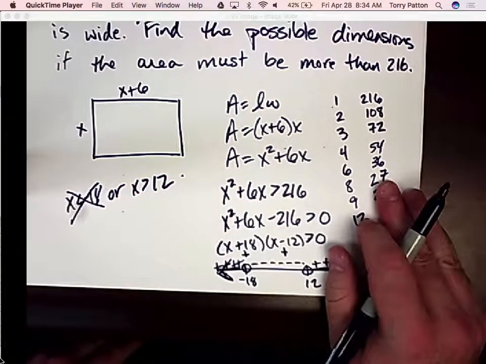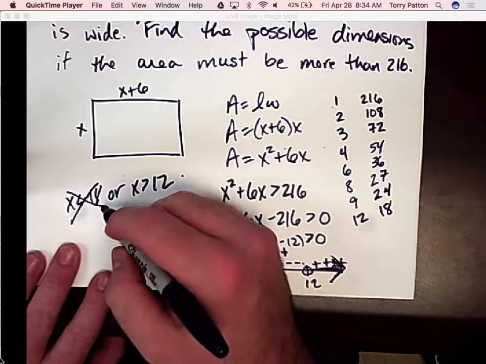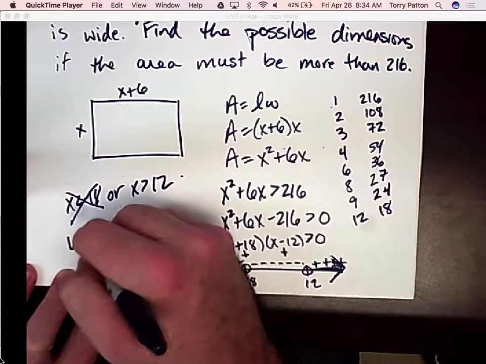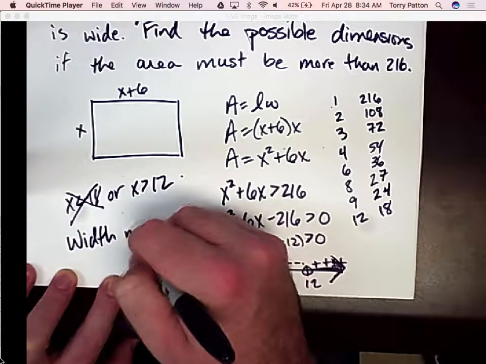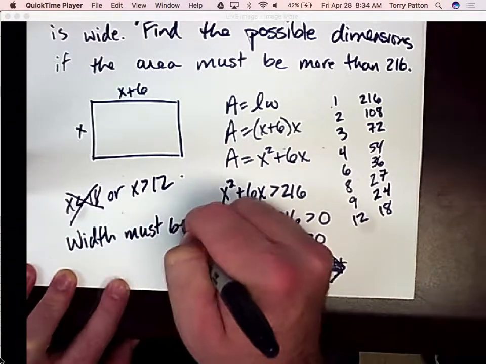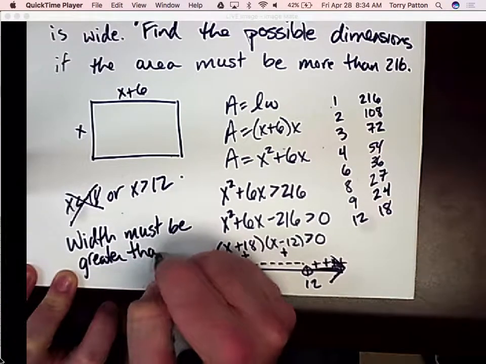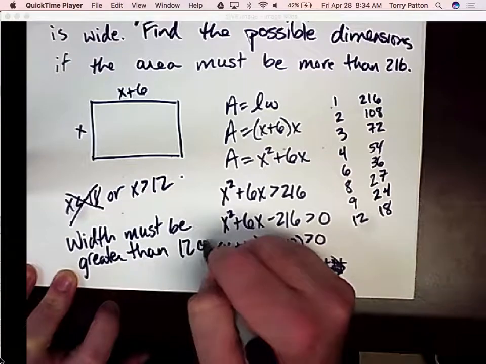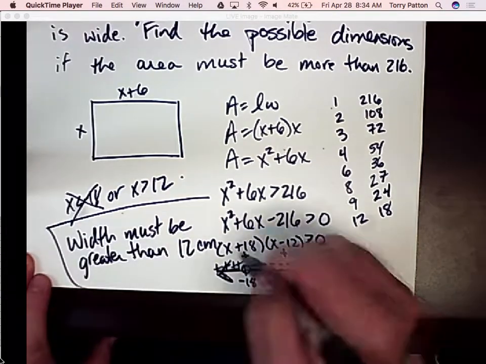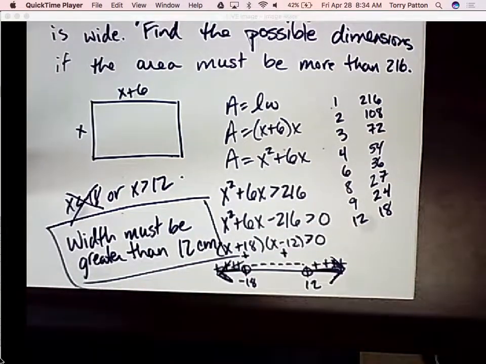So nothing less than negative 18 would work. So the answer is the width must be greater than 12 centimeters. Okay?